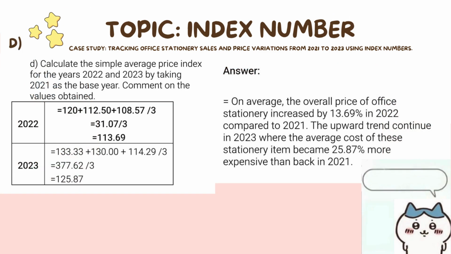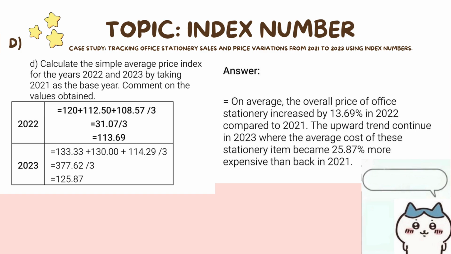Next, for question D, to calculate the simple average price index for both years, we only need to take the simple price index for the three stationery items and divide it by 3.